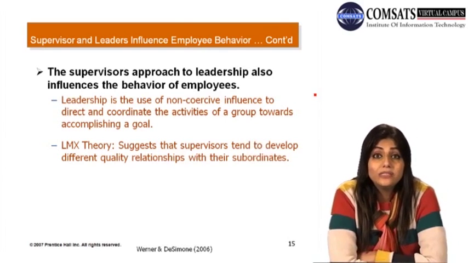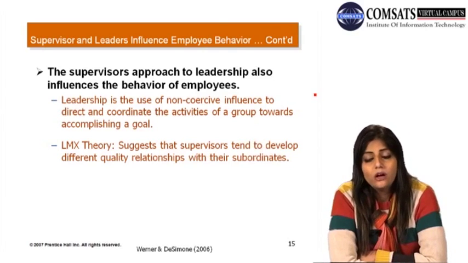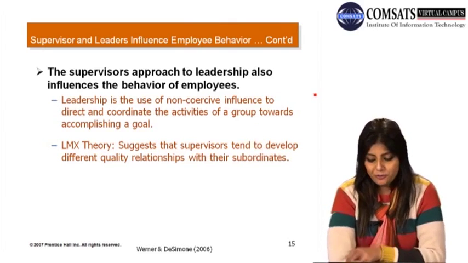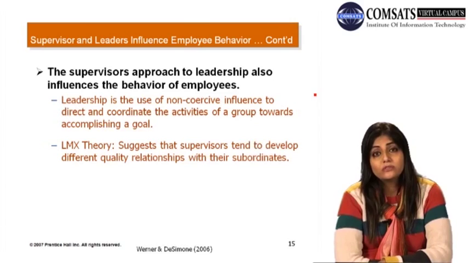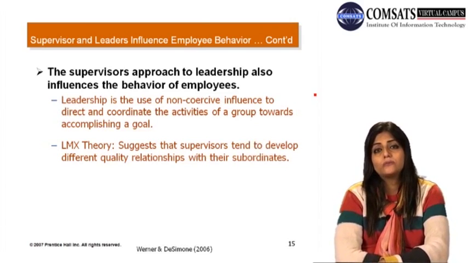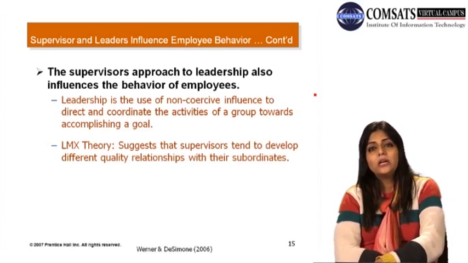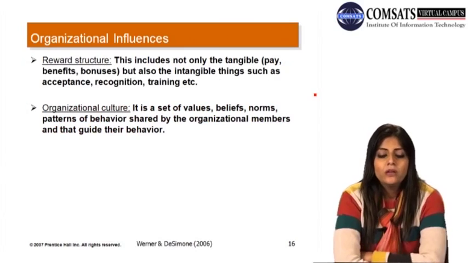This is an extension of leadership theory, which says that the relationship of the leader with the subordinate influences the subordinate's behavior. If you have a good quality relationship with your supervisor, your behavioral outcomes, organizational outcomes, and personal outcomes are going to be different than if you're not on good terms with your supervisor.